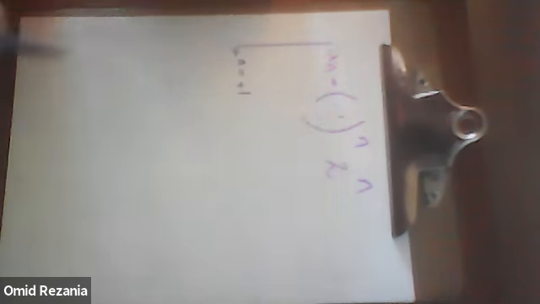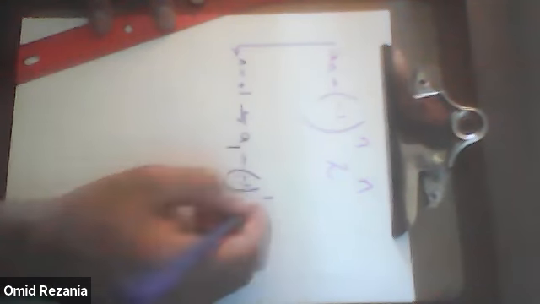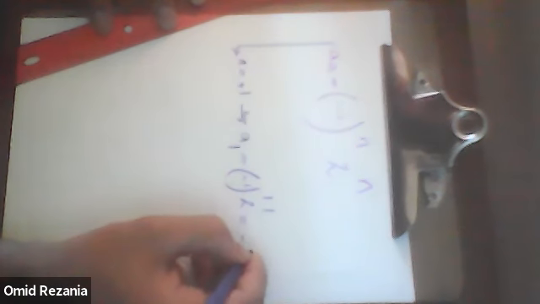We start from 1. Normally, n starts from 1, 2, 3, 4, 5. If n is equal to 1, what is going to be the first one? We have a1, the first element becomes -1 to the power 1, 2 to the power 1, which becomes -2.